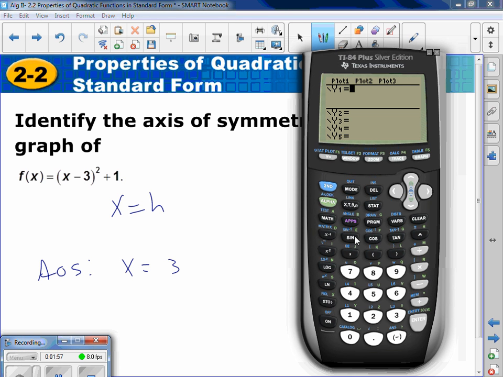If I take this and graph it, x minus 3 squared plus 1.